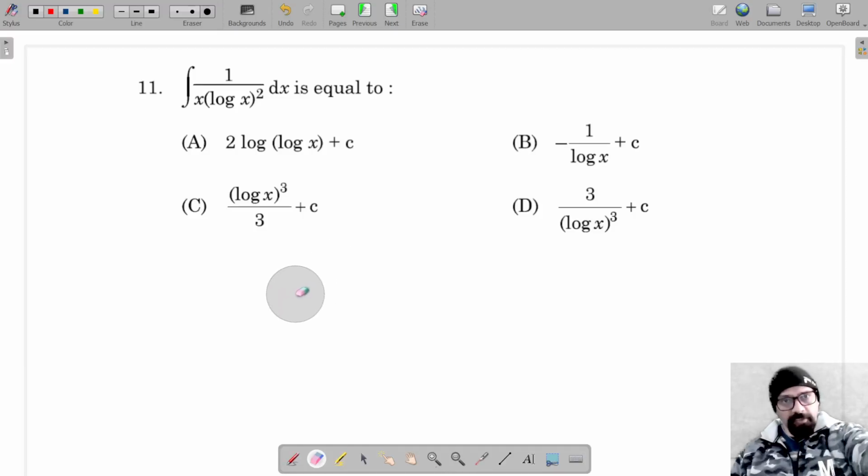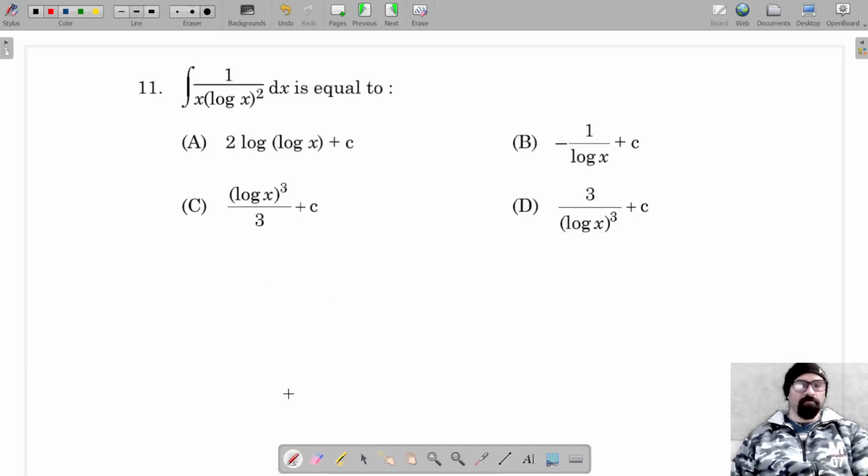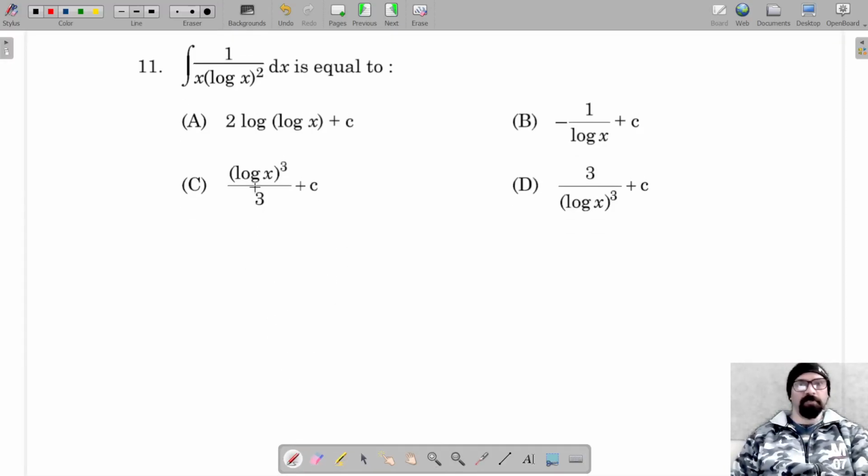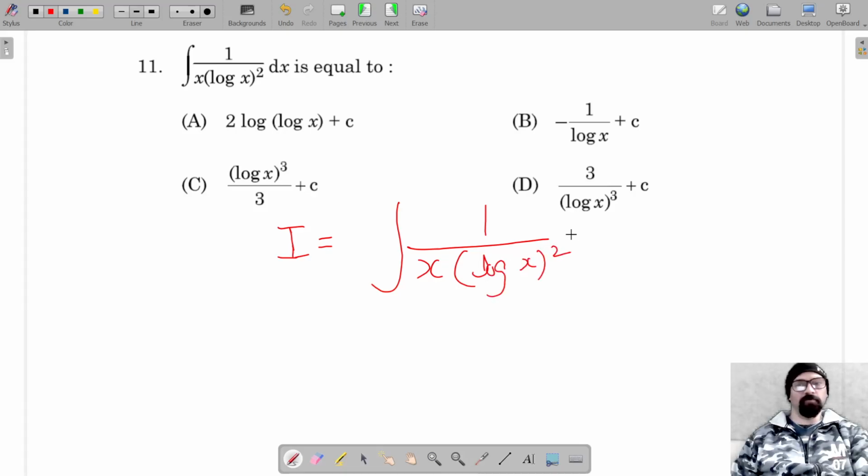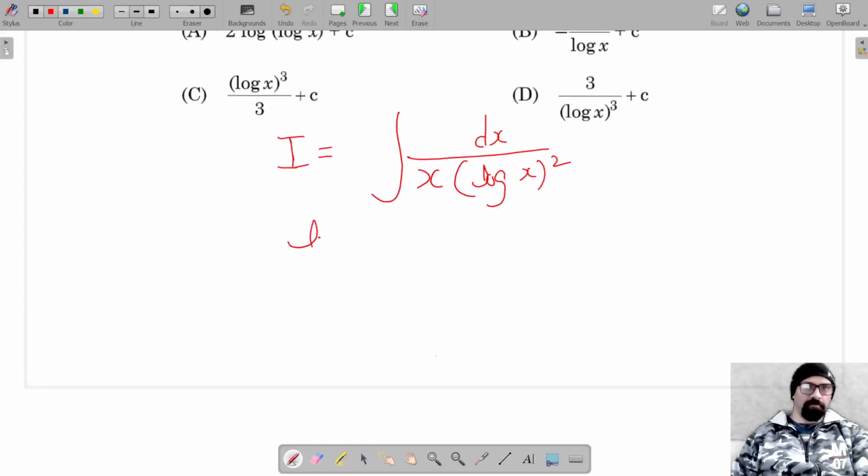Before question number 11, we have to find the integration of 1 by x into log x the whole square. So let's say our integral I is equal to integral of 1 upon x into log x the whole square into dx. Okay, so we are going to use the substitution here.